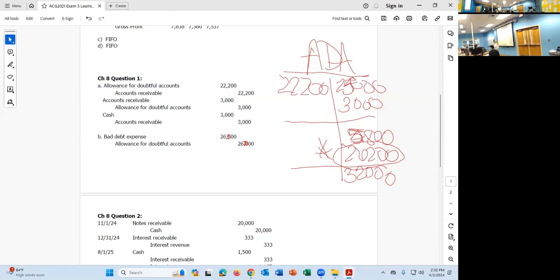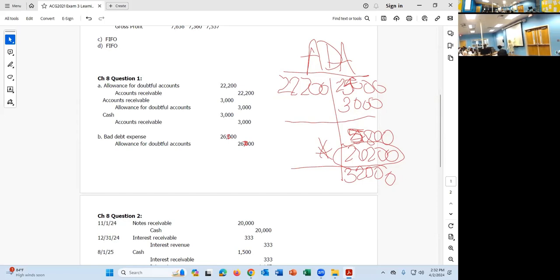Is the beginning number always going to be a credit? Yes, when we start, absolutely. Because the allowance for doubtful accounts is a contra asset. Contra assets always have a normal credit balance. That doesn't mean we can't debit and credit these throughout the year, but we're going to start at a credit and we're going to end at a credit eventually.